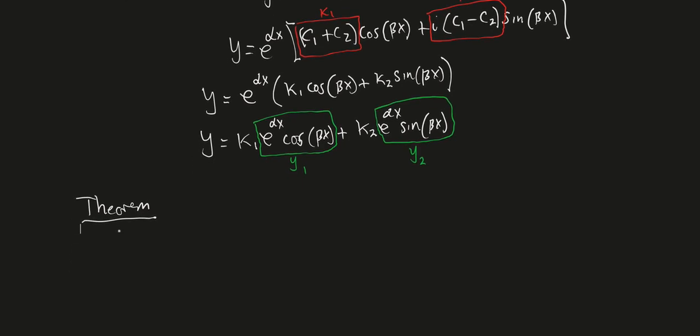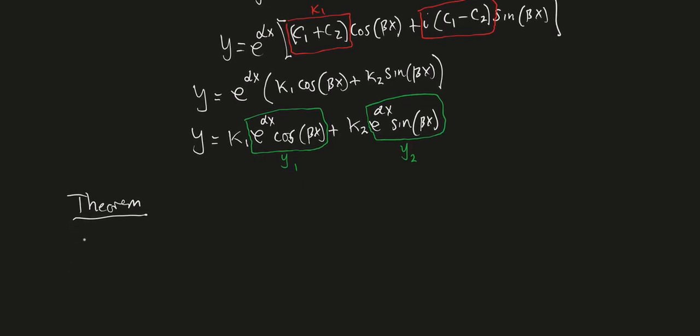So let's state this in the form of a theorem. It basically says this. For our second order homogeneous equation like this, what would lead us to the complex case? Well, again, the discriminant will tell us everything. What leads us to the complex case is if we end up with a negative number under the square root.